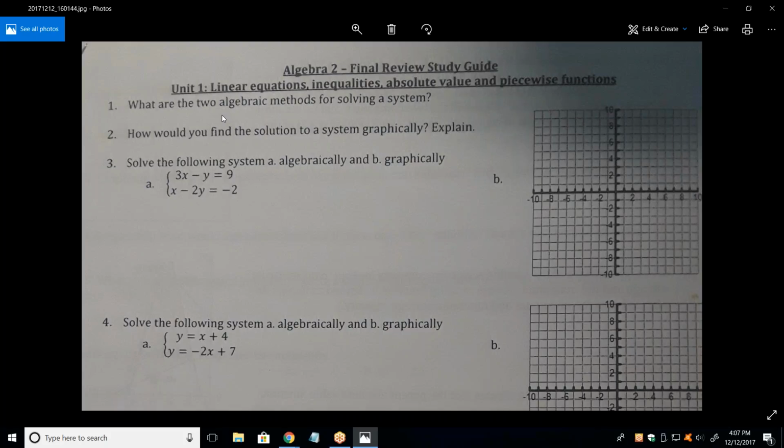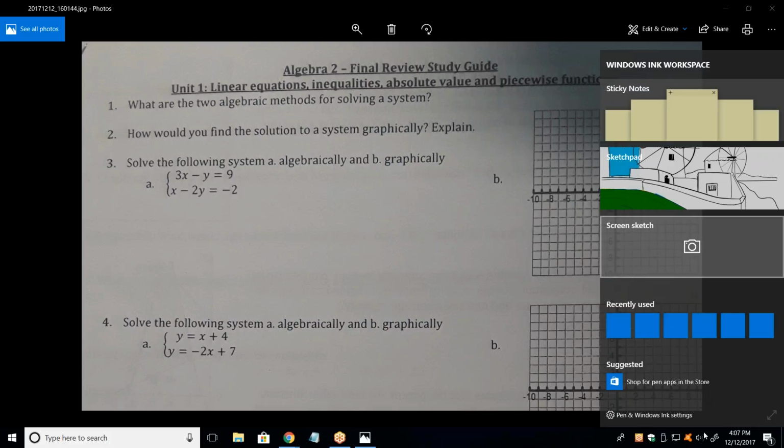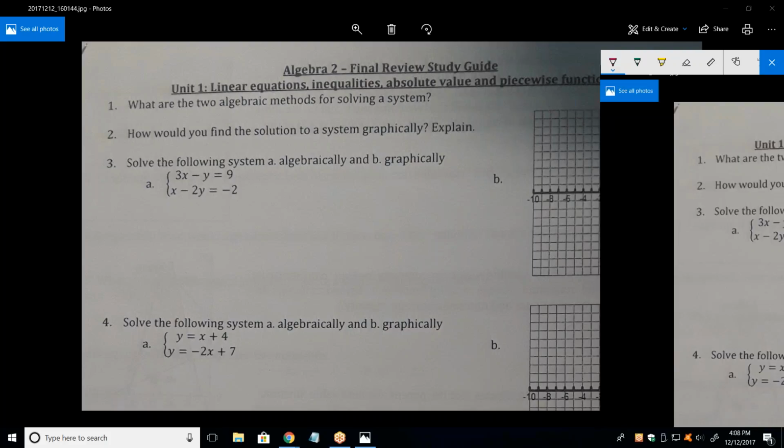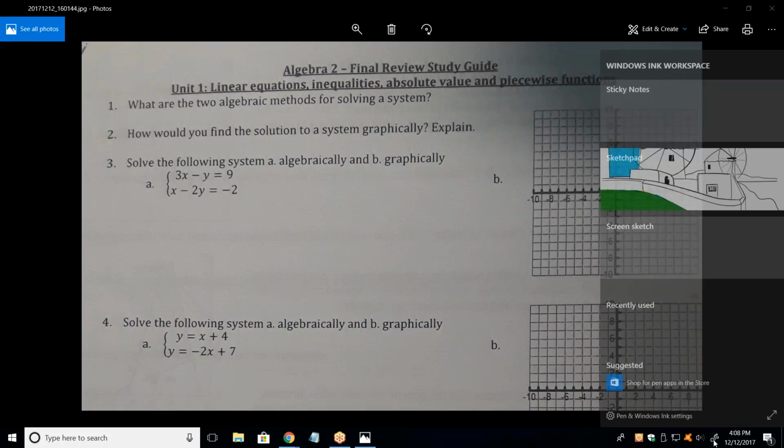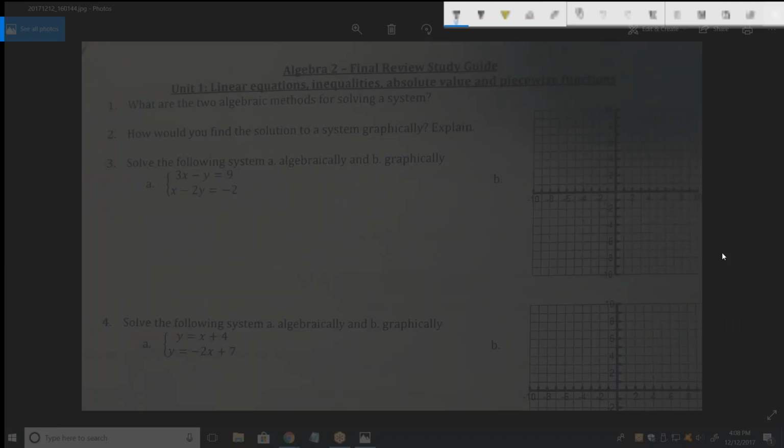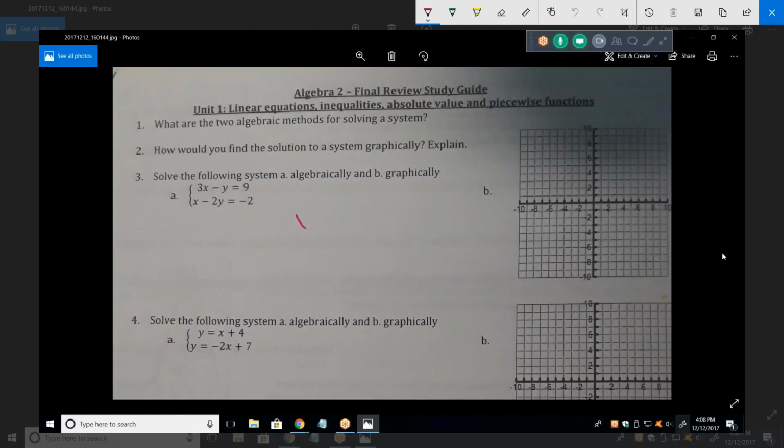All right, number 2. Let's say I said the following: y equals 2x plus 1 and y equals 4x minus 3.